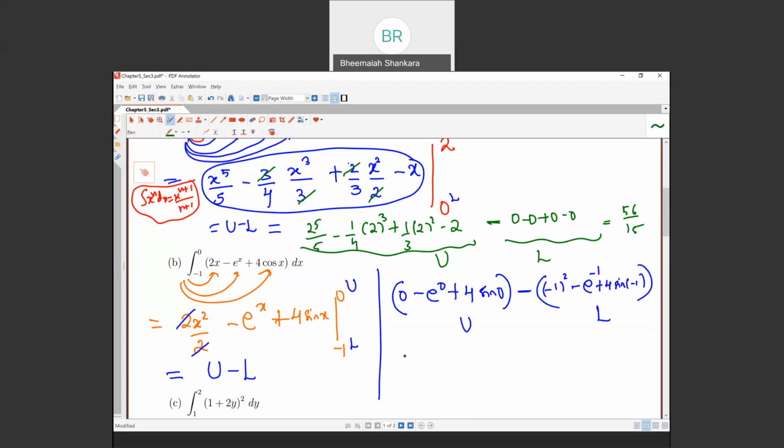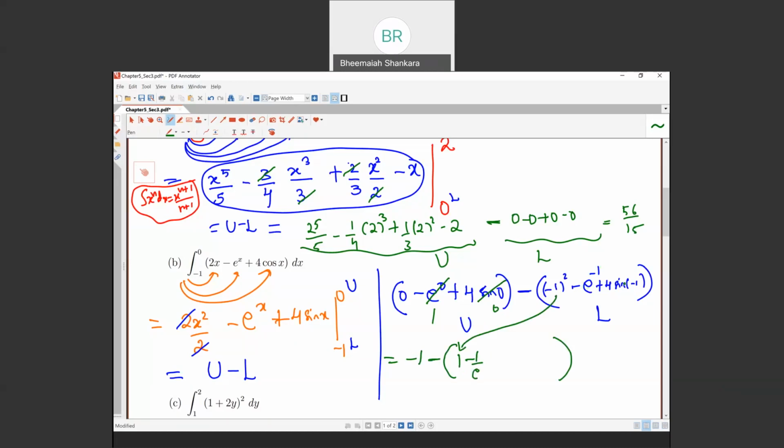The first one, e to the 0 is 1, sine 0 is 0. So when you simplify these three terms, you have just negative 1 from the top. The next one, I have a negative sign, so let me write that negative sign. Negative 1 squared is 1, that's this term. Negative e to the negative 1 can be written as negative 1 over e. e to the negative 1 is 1 over e.